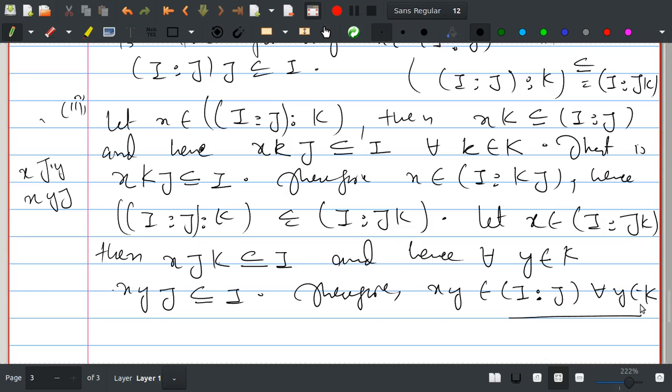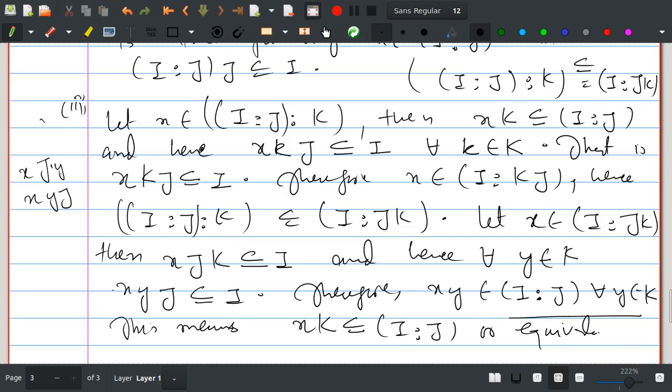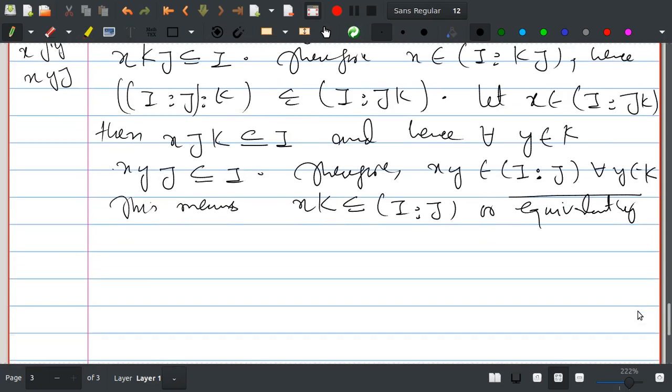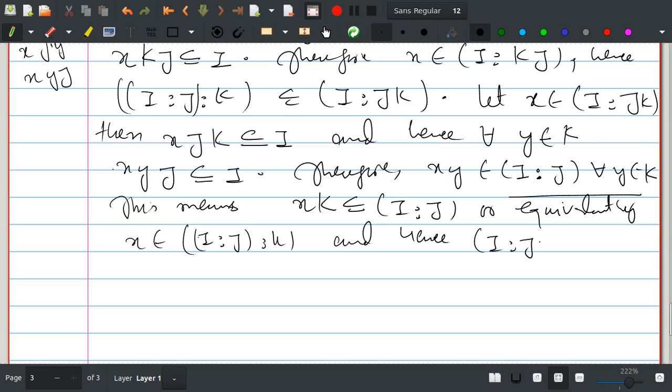Now this is true for all y in k, so this means x times k is contained in I : j, or equivalently x is in (I : j) : k, which proves the reverse containment, and hence I : jk is contained in (I : j) : k.